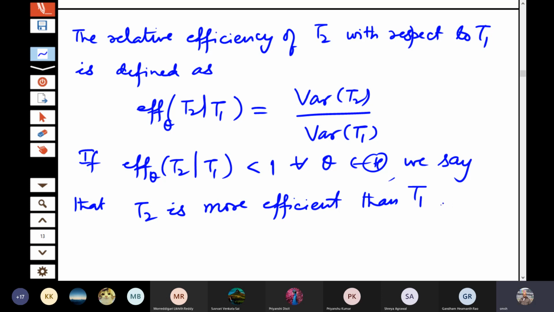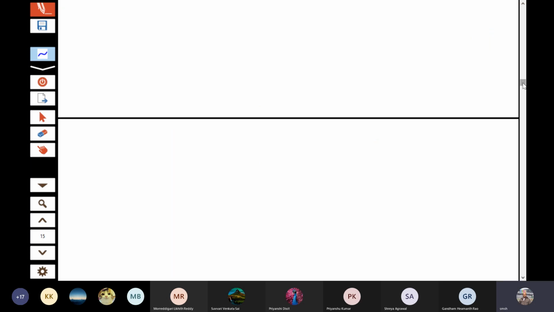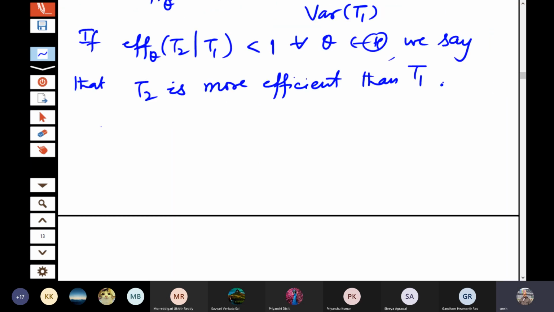Another extended concept is that of efficiency with respect to the Cramer-Rao lower bound. So let me write that also.